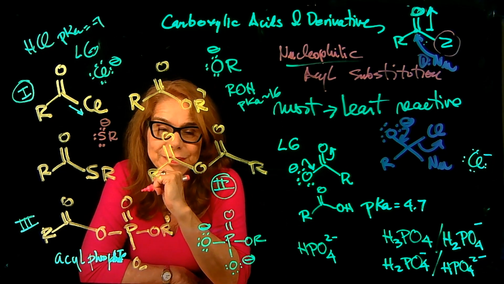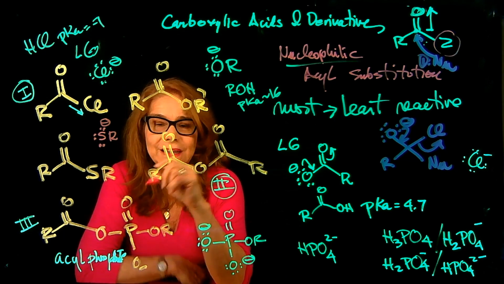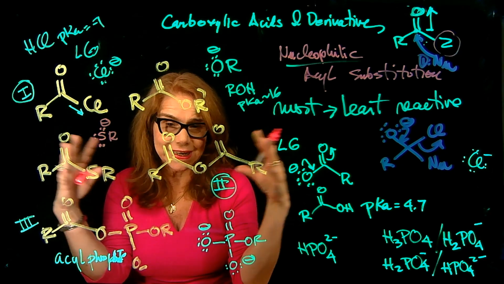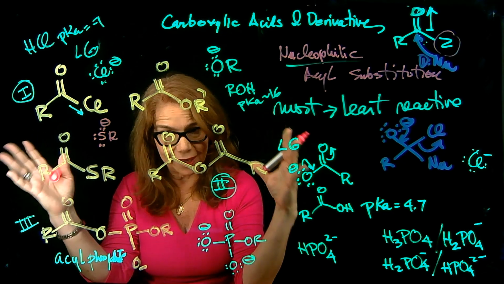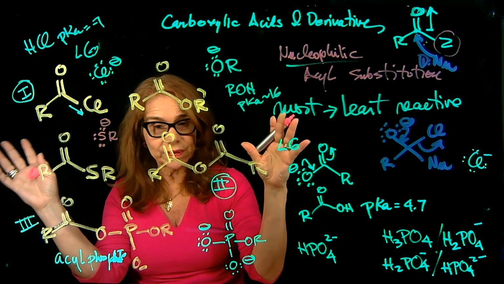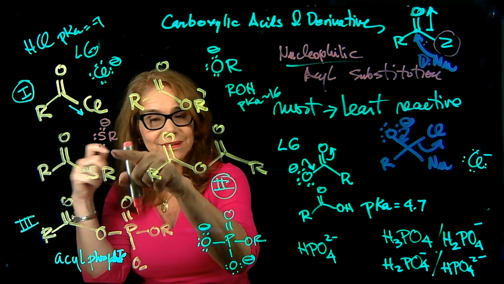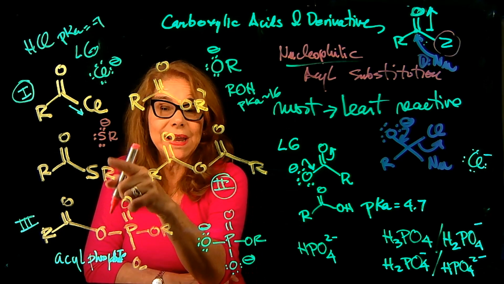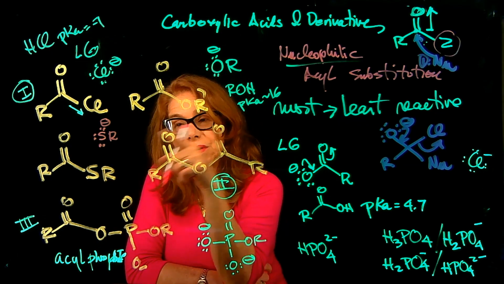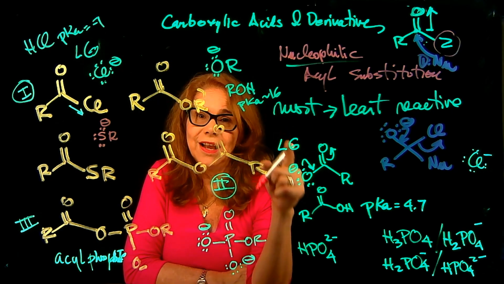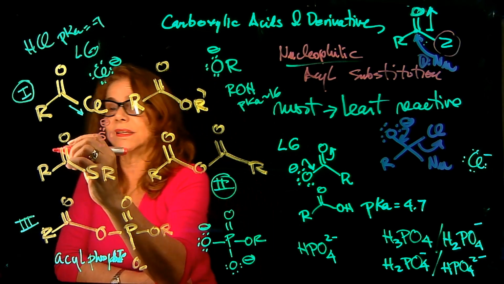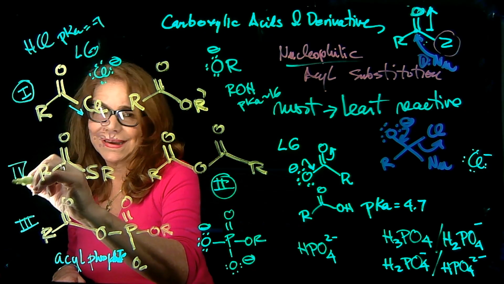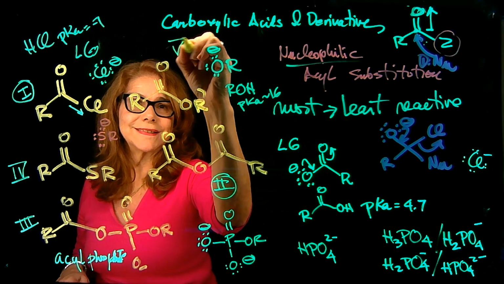I can't remember the pKa right now, but in the conjugate base the charge is on a much larger atom, so it's more dispersed. This anion would be more stable than that, so it's a better leaving group when you have a sulfur than when you have an oxygen. Reactivity-wise, this will be number 4, and this is your last, number 5.